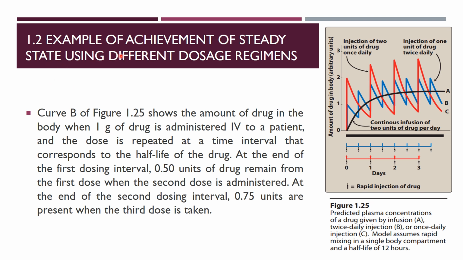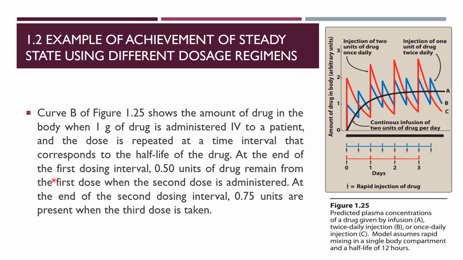1.2 Example of achievement of steady state using different dosage regimens. Curve B of figure 1.25, this blue color, shows the amount of drug in the body when 1 gram of drug is administered IV to a patient, and the dose is repeated at a time interval that corresponds to the half-life of the drug.